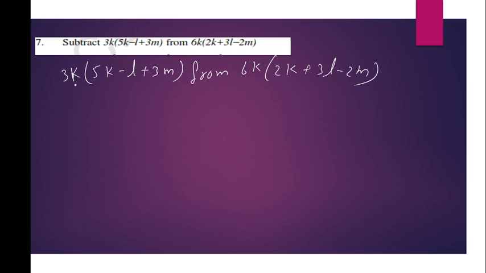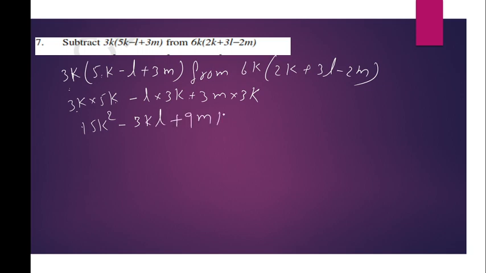Now multiply this inside. 3k into 5k minus L into 3k plus 3m into 3k. 3k into 5k is 15k square, minus into plus minus 3kl, plus into plus plus 3 3s are 9mk.